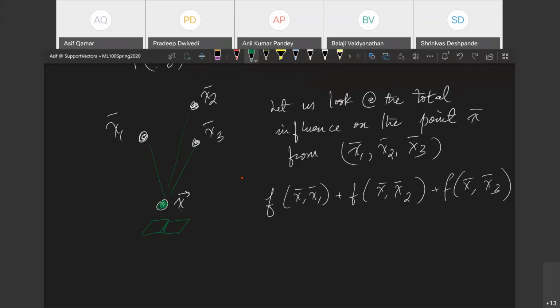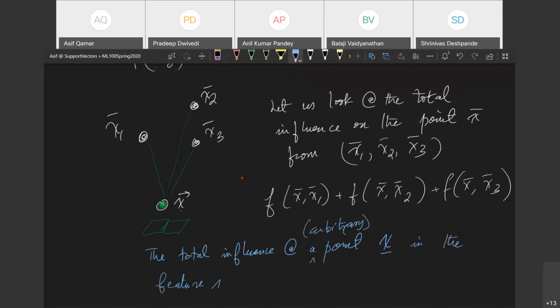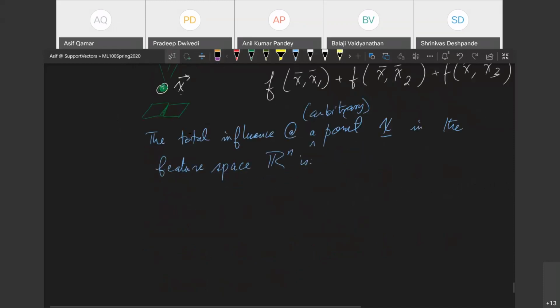Yes, sir. So I'll write this equation: the total influence at an arbitrary point x in the feature space R^n is the summation of f(x, xi) over all points xi that are available.